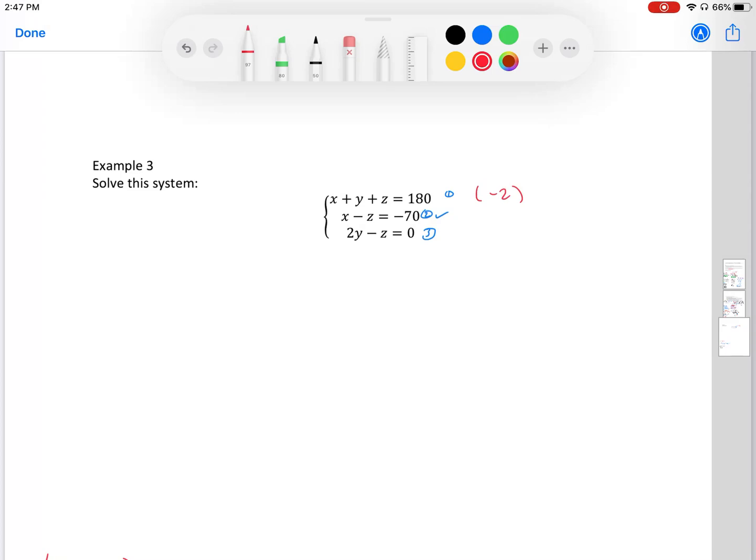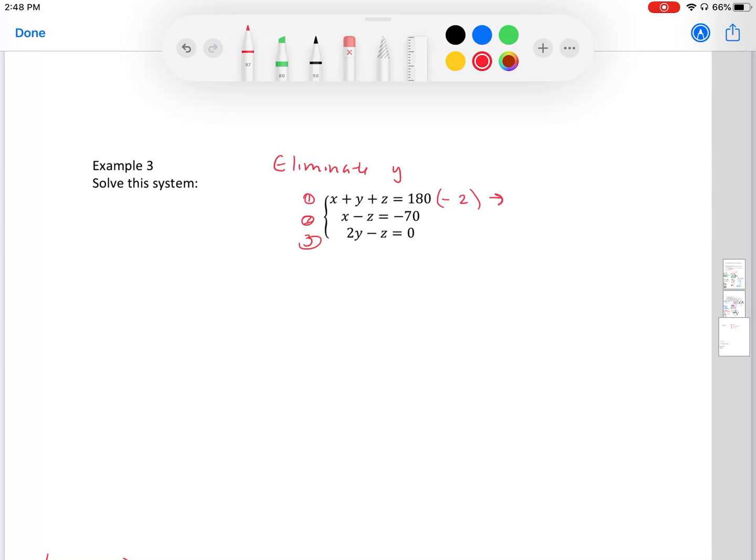Okay, so let's take equation 1 and multiply it by negative 2. And your goal is to eliminate y twice.